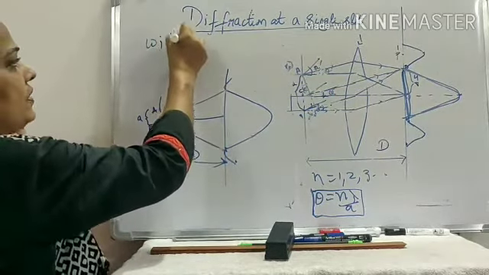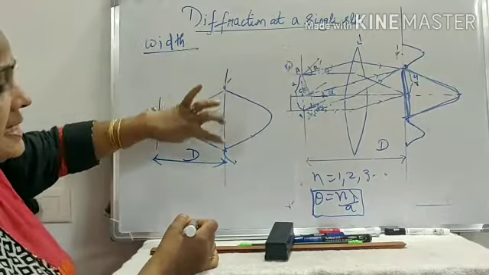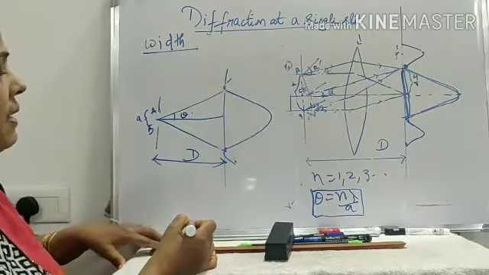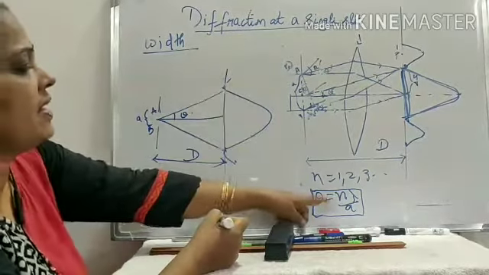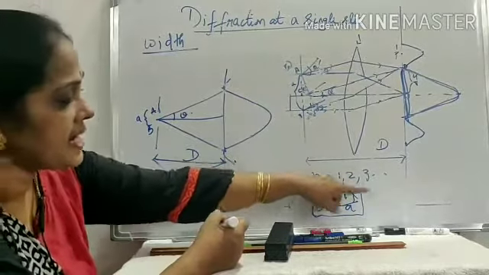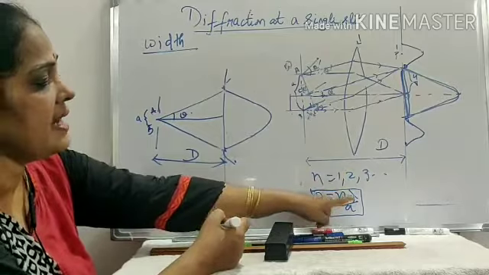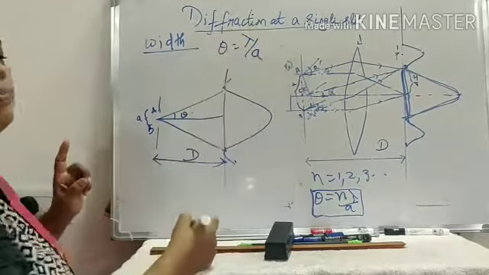It is the distance between the first secondary minima on either side of the central maxima. So what is the condition for the first minima? You know that theta is equal to n lambda by A is the condition for the minima. Suppose it is the first minima, n is 1 and you get theta equal to lambda by A.